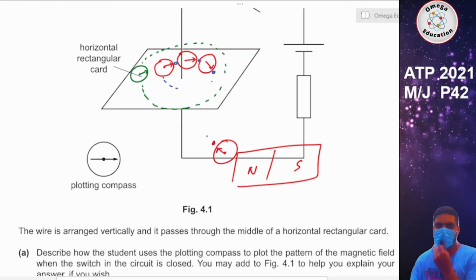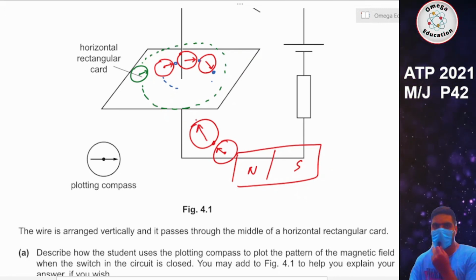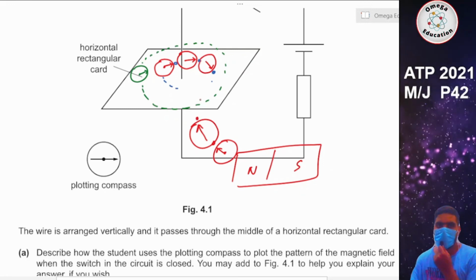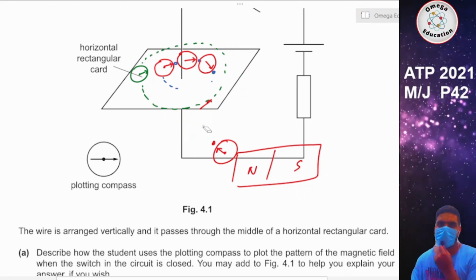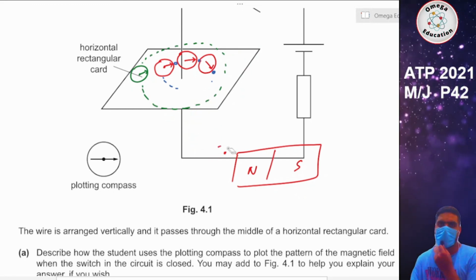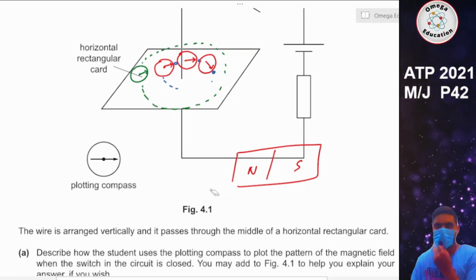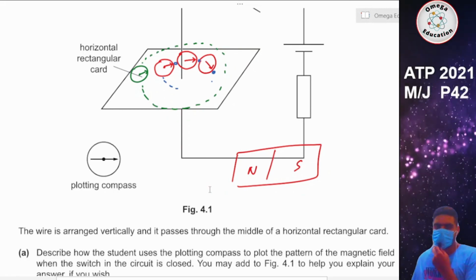We place a dot, place the compass on the dot again, find the new direction, mark a dot over here, place the compass on the dot, find the new direction, and keep repeating that. Then we place the compass over here. So similarly we complete 2 to 3 rounds.